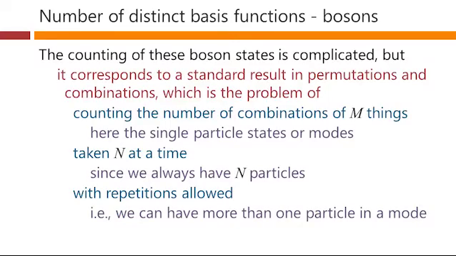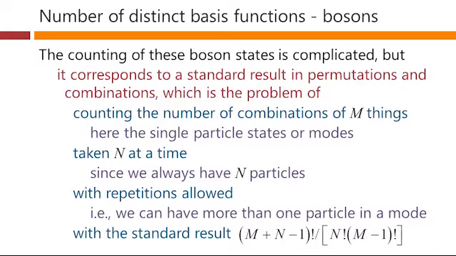That is, we can have more than one particle in a mode. And we get, therefore, this standard result from the theory of permutations and combinations, that this number of distinct basis functions for bosons, where we have n particles and m possible modes, is (m plus n minus 1) factorial over n factorial times (m minus 1) factorial.